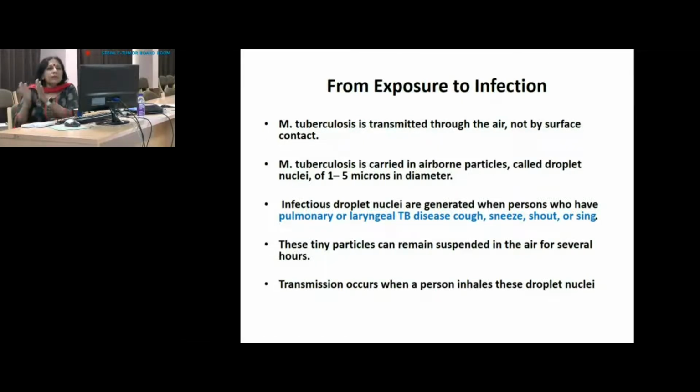Now another person, say Mr. or Mrs. A, had this pulmonary TB, they coughed or they sang in a room, and then that room air had these tiny particles, some of which settle down, they are no longer infective, but some remain suspended in the air.